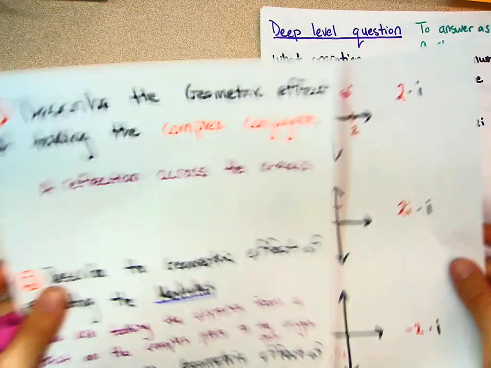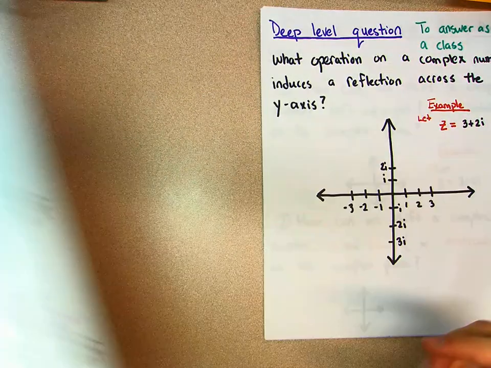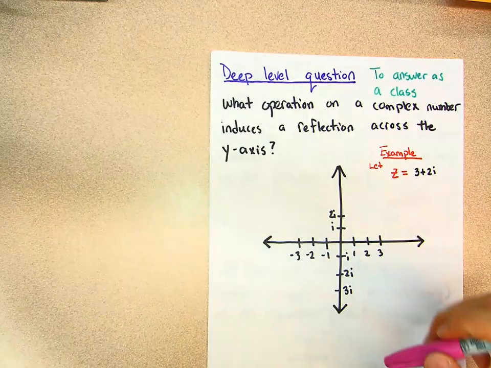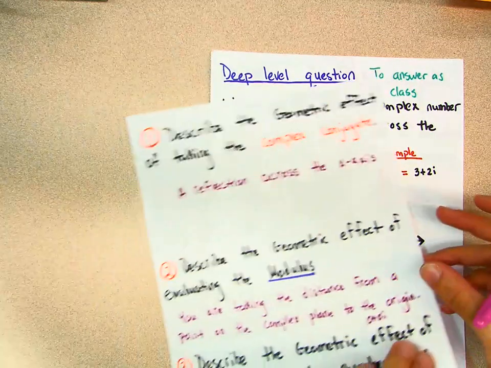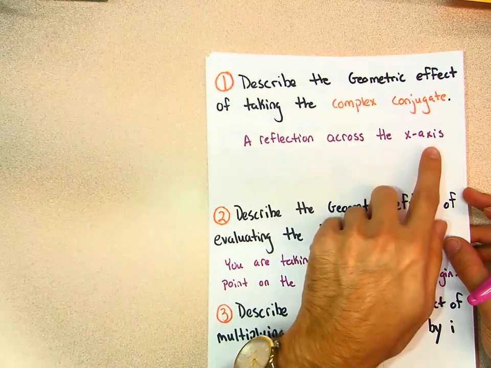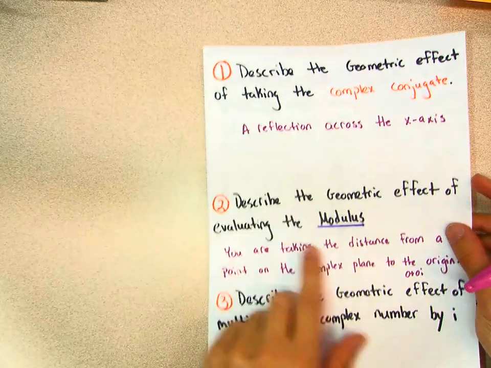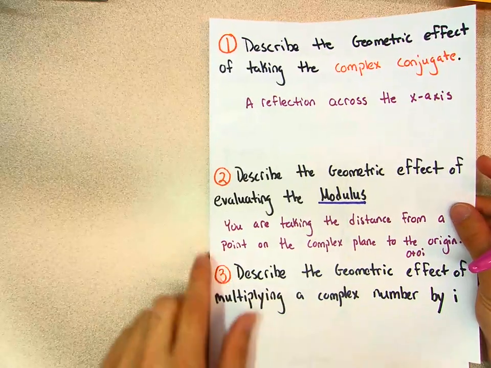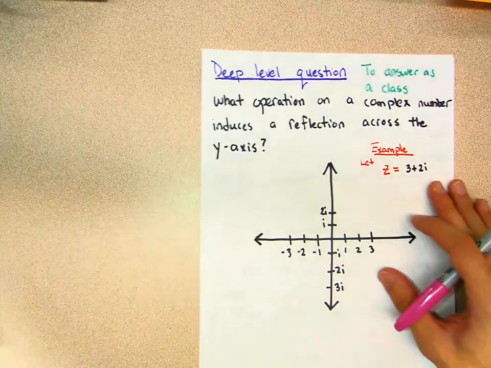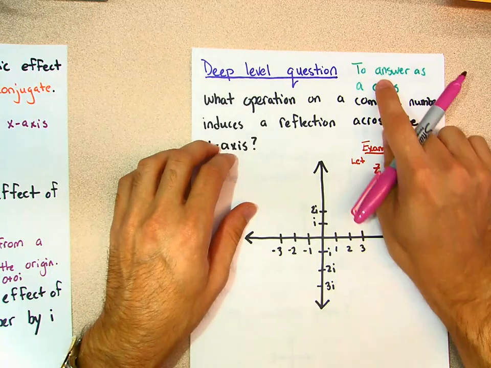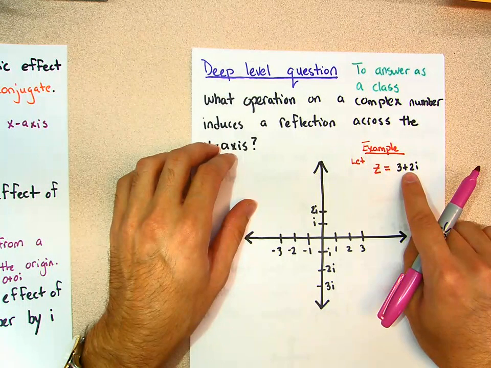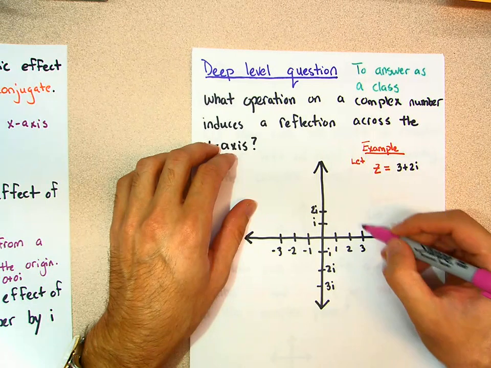Okay? So the question I have for you, which will actually get to the lesson, is this. I showed you here that if you take the complex conjugate, it's a reflection across the x-axis. This is taking the distance. Multiplying by i does a 90-degree rotation. So the question I have is, and we're going to answer this as a class, if I have 3 plus 2i, let's say I'm over here.